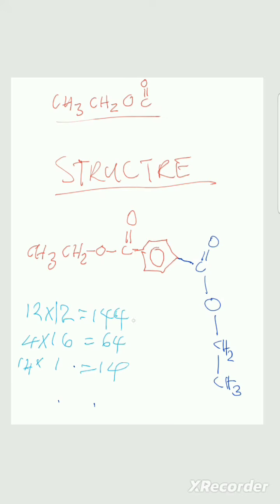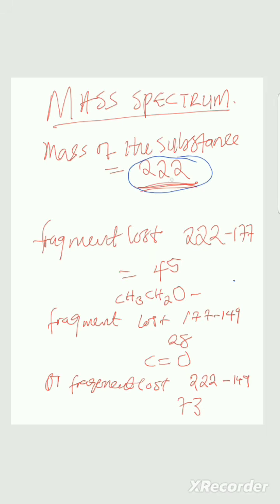Let me find the total now. 144 plus 64 plus 14. The total that I'm going to have is 222. So that is the mass that I am having right now. Let me check if the mass is 222. This is the mass that we have been given.